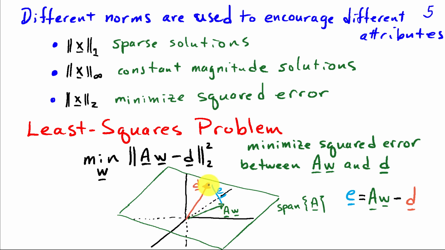Now D, in general, if there's no exact solution, doesn't lie in that plane because it doesn't lie in the subspace spanned by the columns of A. And therefore, there's some difference, an error vector E, between D and AW. In the least squares problem, what we're trying to do is make this error vector have the smallest Euclidean norm. In other words, the sum of the squared errors is minimized. Now we'll look at how to find that solution in subsequent videos.